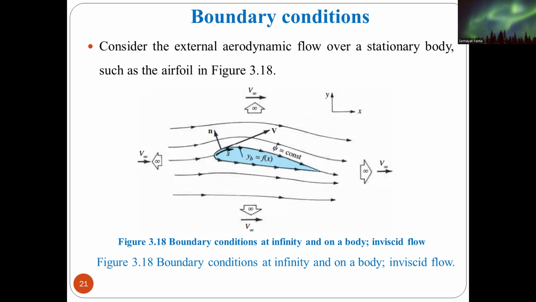For example, let's consider the external flow aerodynamics over some stationary aerofoil or any kind of stationary body. On that, you can observe the far stream boundary conditions, or the infinite boundary conditions.